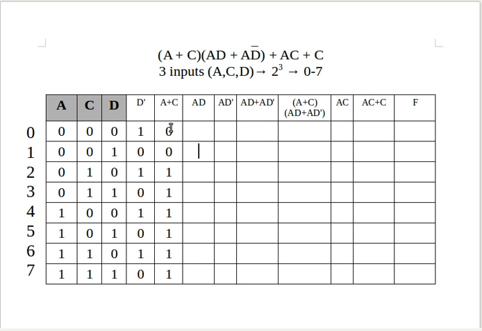Now I'm gonna add the A, this one, with a D, and we should know the AND. 0 and 0 is 0, 0 and 1 is also 0, 0 and 0 is also 0, and I have here 0 and 1 is 0, and 0 and 1 is 0 also. 1 and 1 is 1.